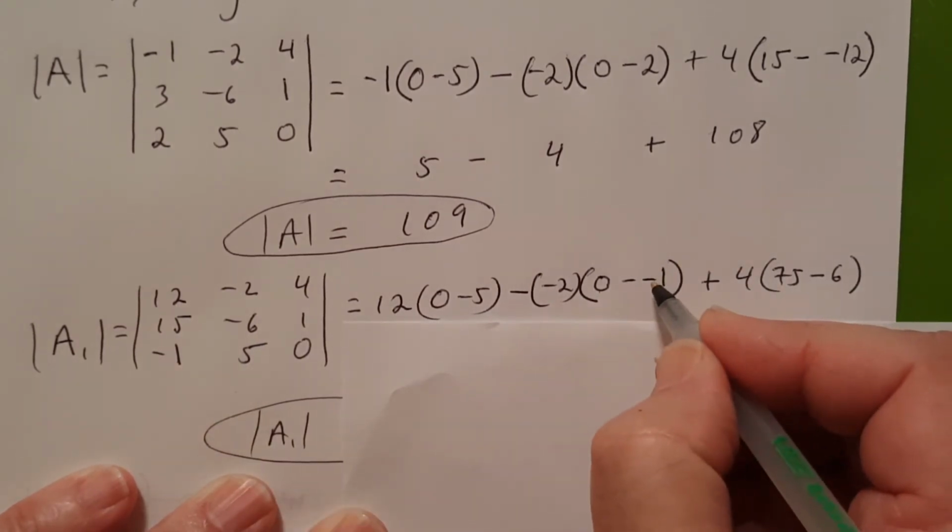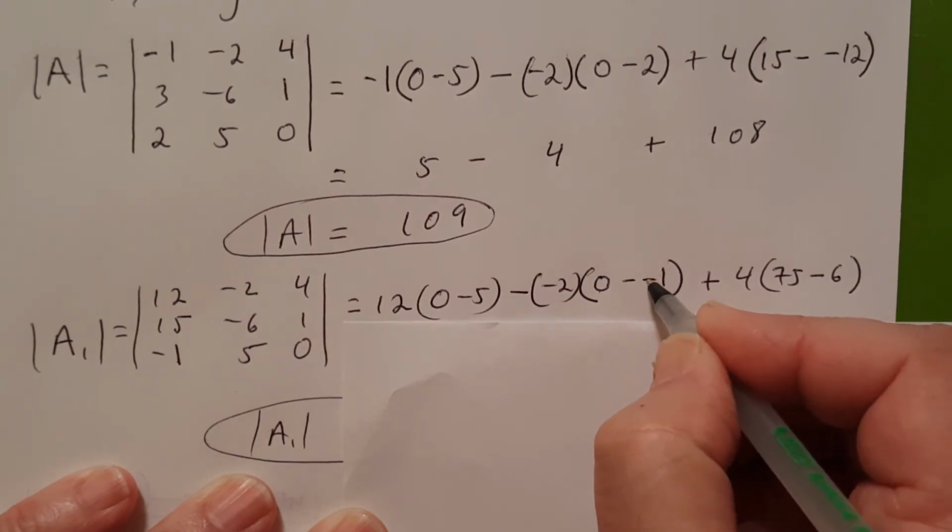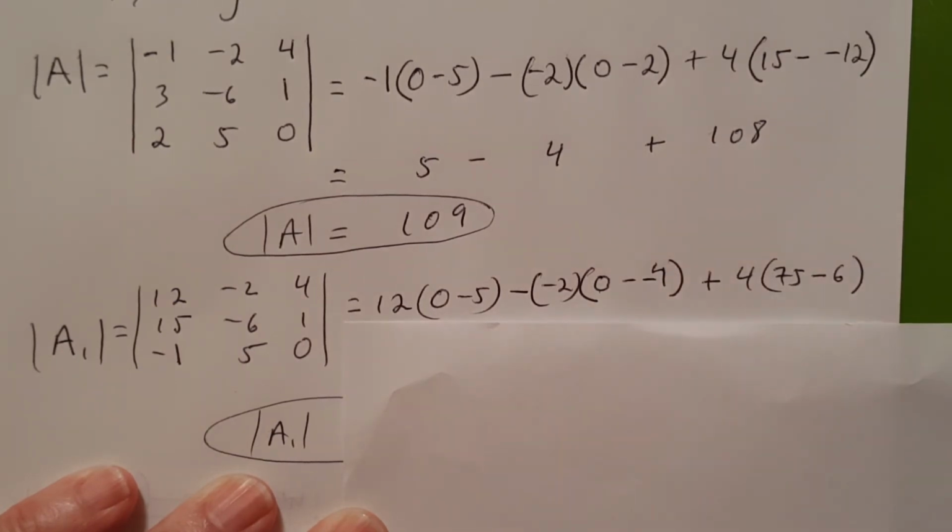That would be 4 times negative 1 is negative 4. Okay, good thing I caught that mistake. And then finally, 15 times 5 is 75, and negative 1 times negative 6 is 6.